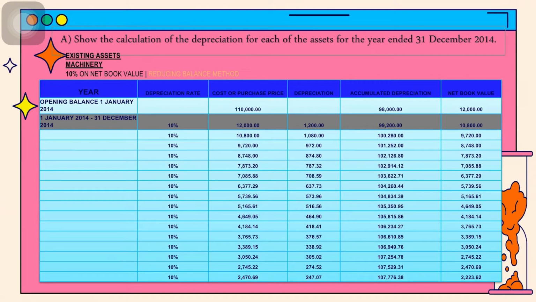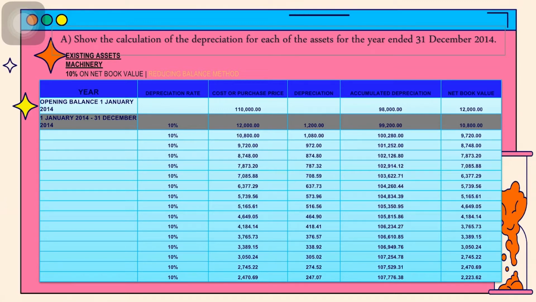A. Show the calculation of the depreciation for each of the assets for the year ended 31st December 2014. Depreciation is a reduction in the value of an asset over time due to wear and tear. We have to calculate the existing assets first.